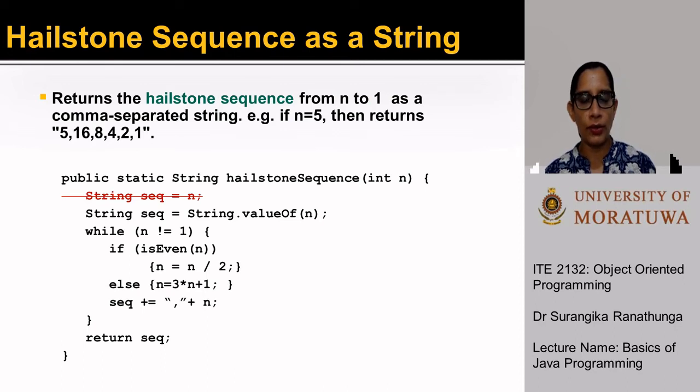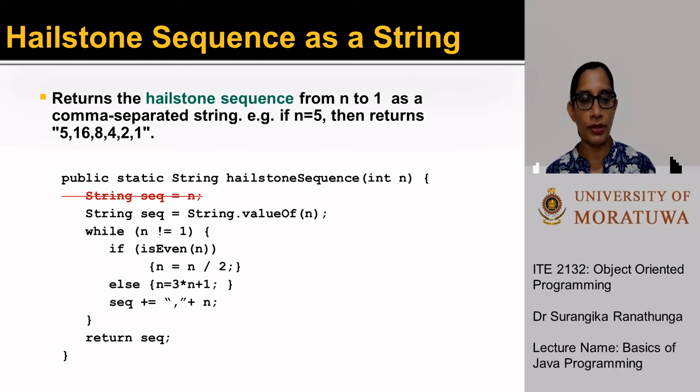So one thing you have to remember, now we have to start the sequence with the original number. That means the integer n that comes into this method as a parameter. So now n should be the first character, whatever the value of n will be the first character in our sequence. So that means a sequence should be initialized with that integer value.